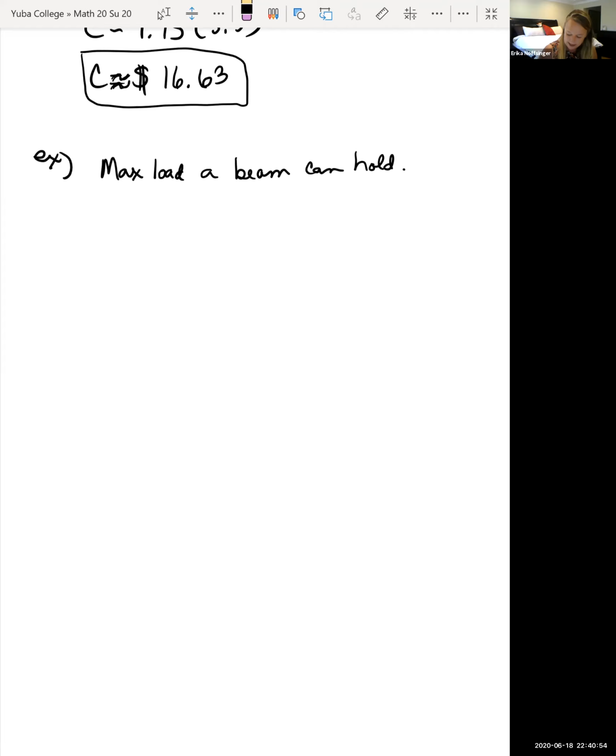So maybe we can say M for maximum, so M. And I see that this varies directly with the width of the beam. So let's call that W. So K times W.